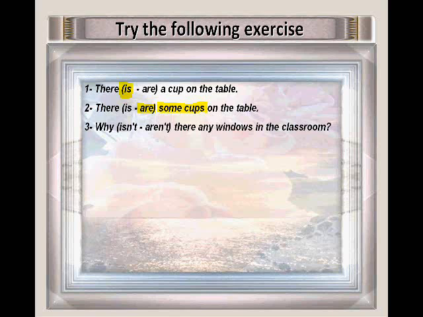Okay, number 3. Why isn't or aren't there any windows in the classroom? So again, my choice is going to depend on the word which comes after the verb. In this case, the word is, of course, windows. Here, windows is the subject of my question. So you tell me which word you are going to choose.